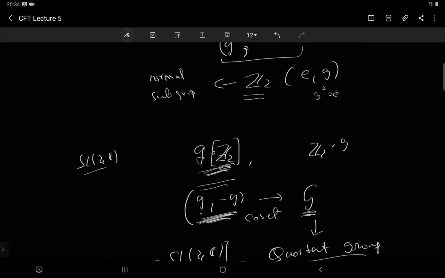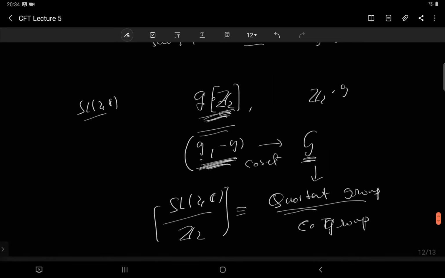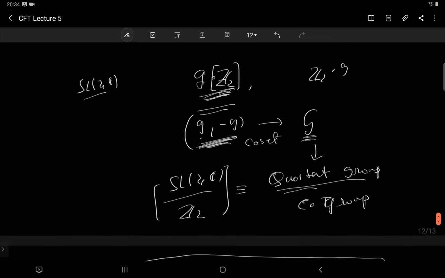But this set of cosets is a group because Z2 is a normal subgroup. So the set of cosets is what is called the quotient, and because Z2 is a normal subgroup, this is a quotient group. The elements of this quotient group are the sets G and minus G. For every G, the set G and minus G corresponds to one element in the quotient group.